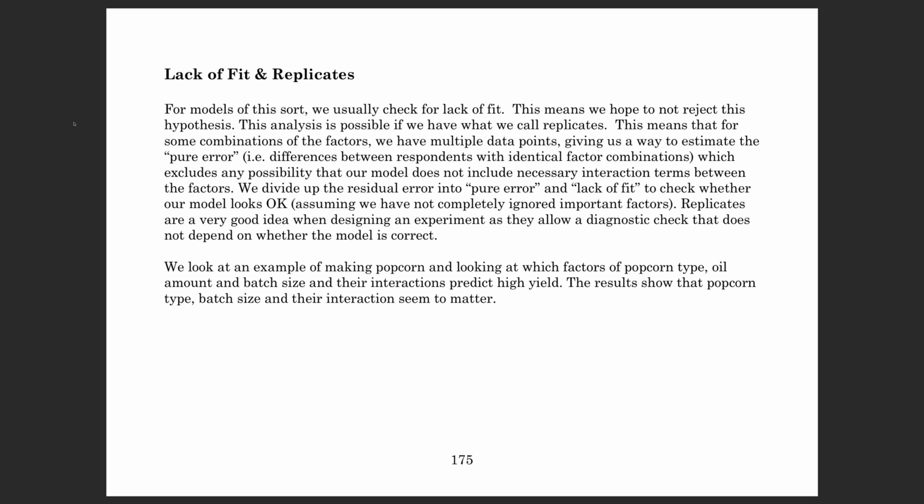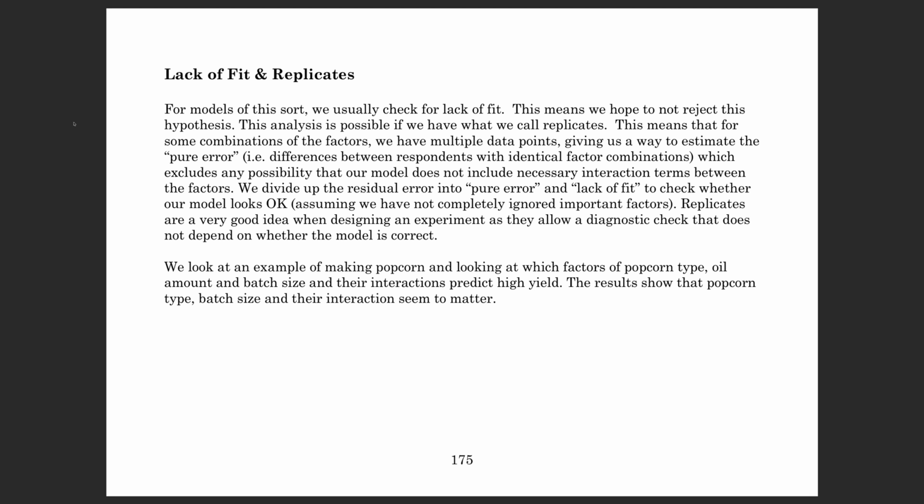So this checks whether our model looks okay in the sense of whether we have excluded interaction effects which we need to include or not. This is a separate issue as to whether there are missing factors, right? So if there are factors missing, this assessment of lack of fit won't help us. Lack of fit helps us identify whether there are missing interaction terms from our model.